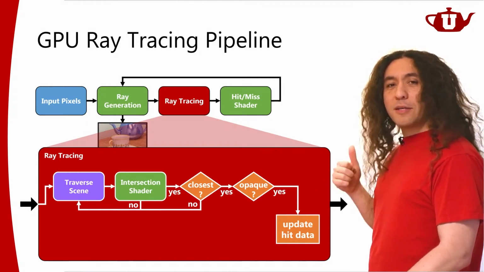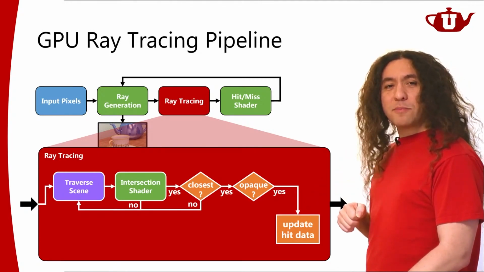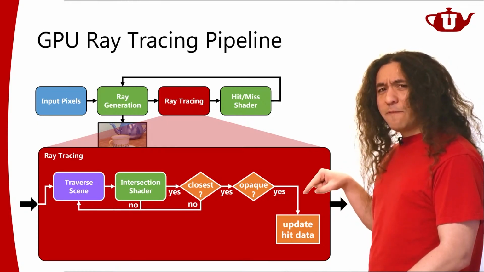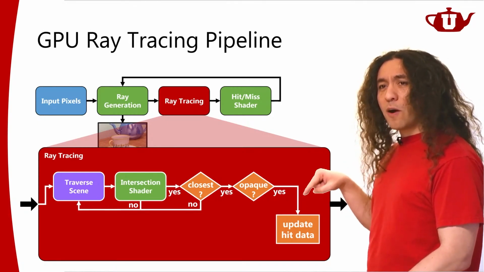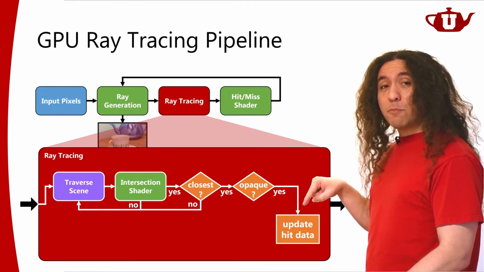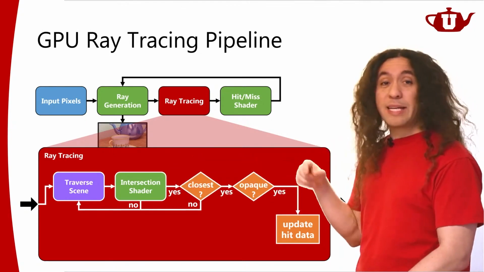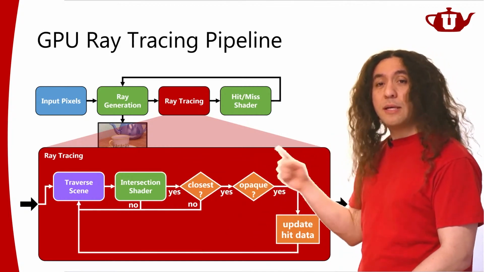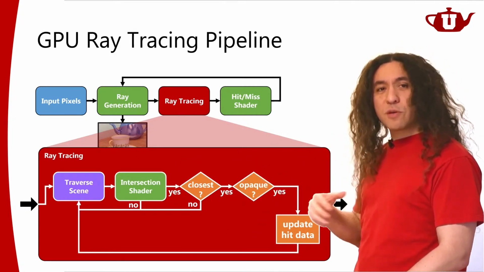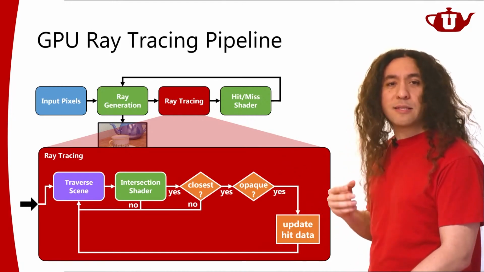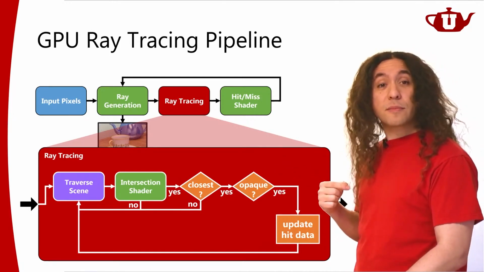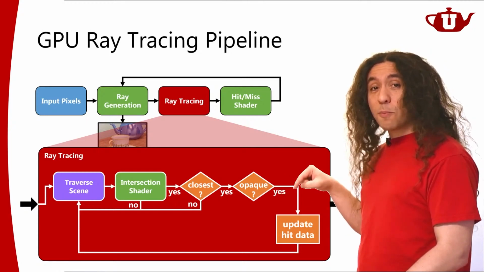Well, not quite. I found a hit point, and so far this is the closest one, but maybe as the scene traversal continues, I will find an even closer one. So I need to go back to the scene traversal and continue traversing the rest of the scene to make sure that there's not going to be anything that is closer. Right? So if this is opaque, that's what happens.